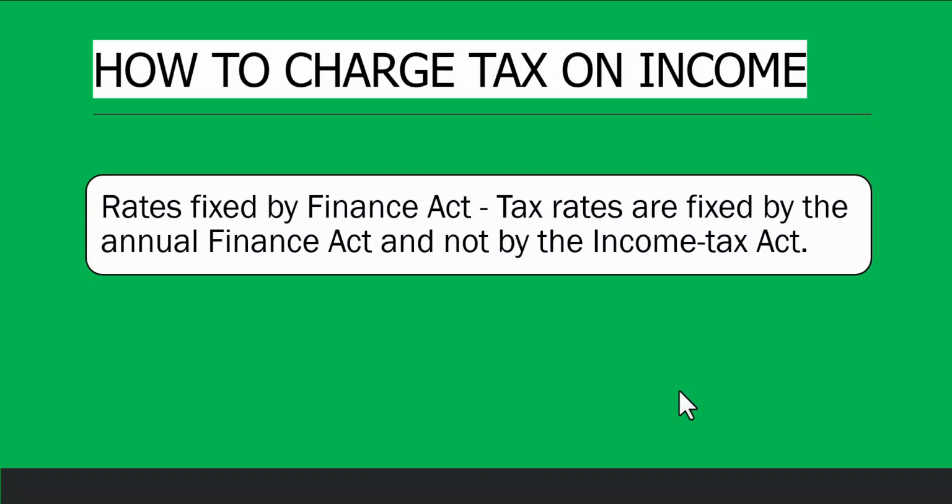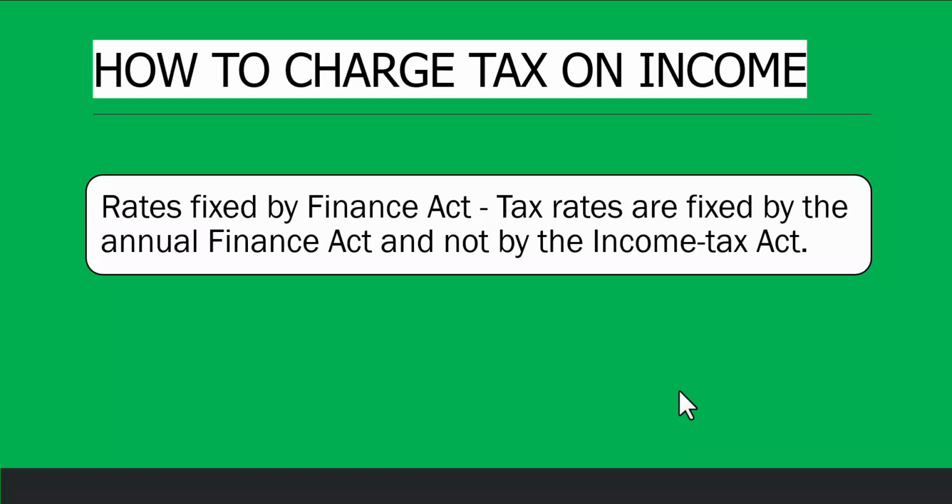So the tax rates are fixed by the Finance Act, which is passed every year. So the Income Tax Act will not have any rates. Just one or two rates have been given under the Income Tax Act for capital gains, but for all other taxes, the rates are given under the Finance Act. For example, there are certain rates which are given by the Income Tax Act, but they are hardly any.